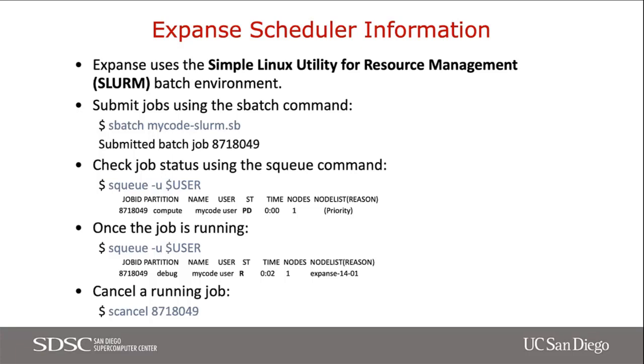You can check your jobs using squeue. I encourage people to use the -u option so that you're not querying everyone's jobs at the same time. That slows things down and also causes an additional load on the scheduler. It's easier for it to deal with specific requests. And if you want to cancel a job, you can use the scancel command.